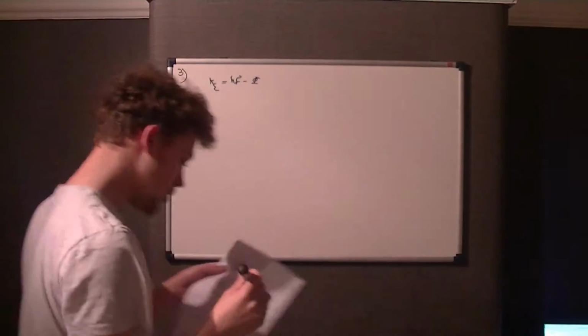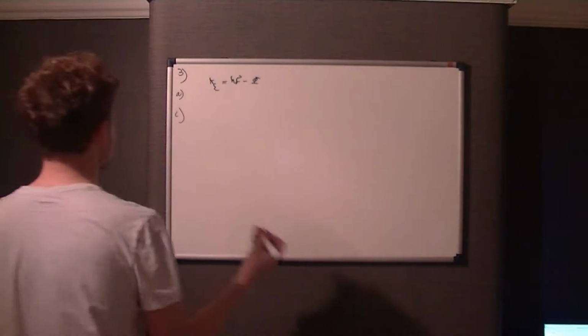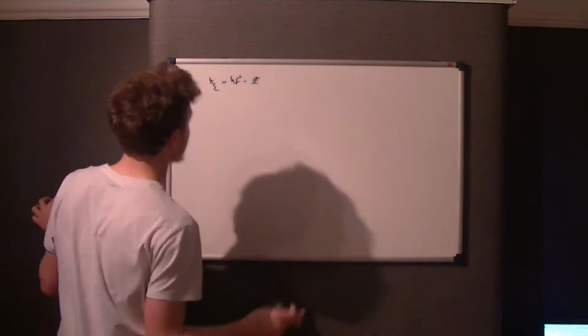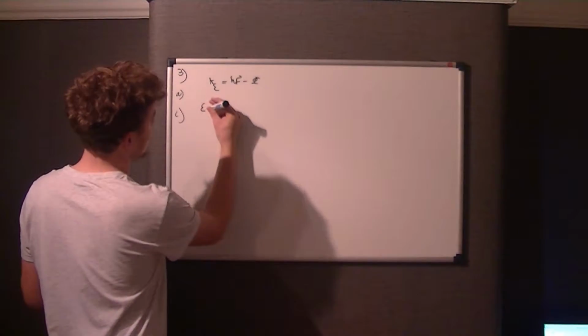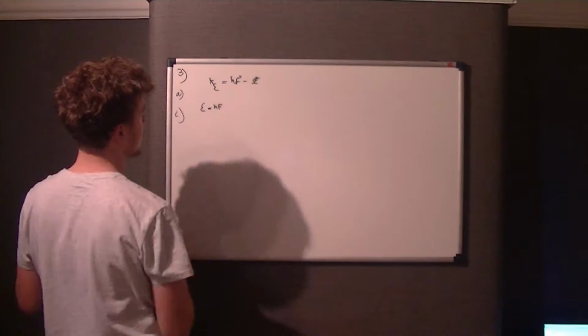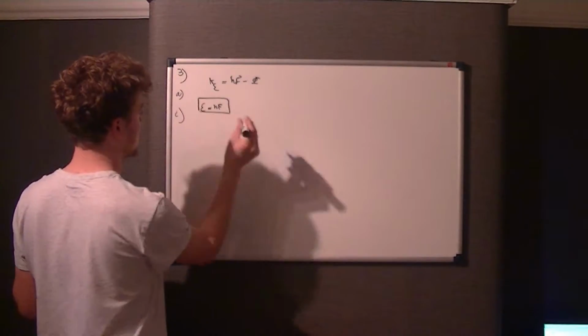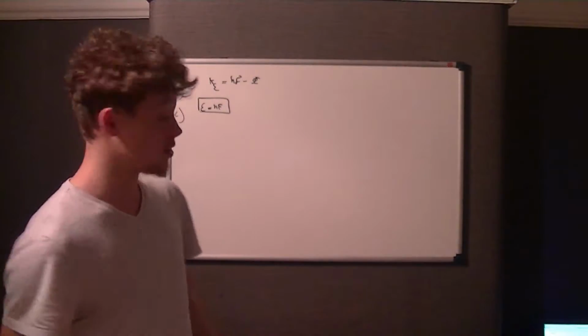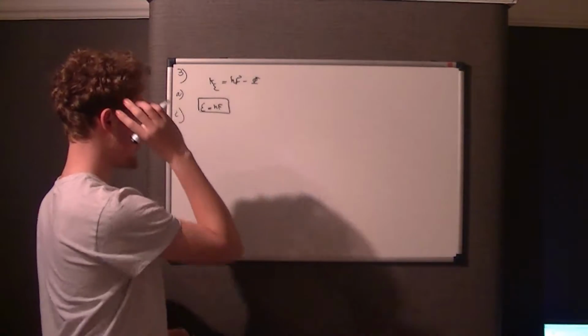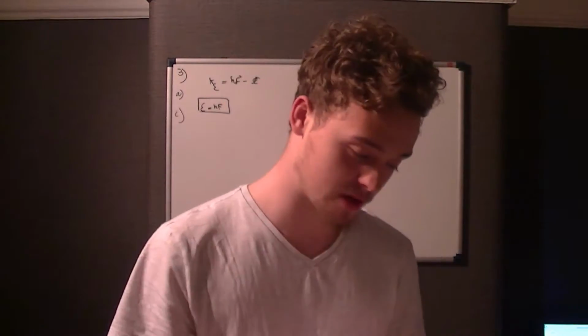We're told it's of a certain frequency, so the energy of the photon depends on the frequency, because h is Planck's constant. If it's a certain frequency, the energy is going to be the same.